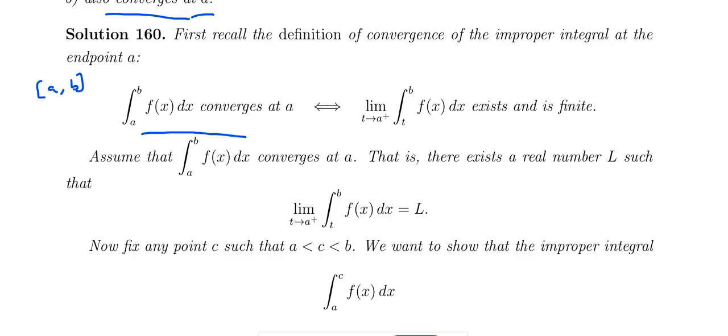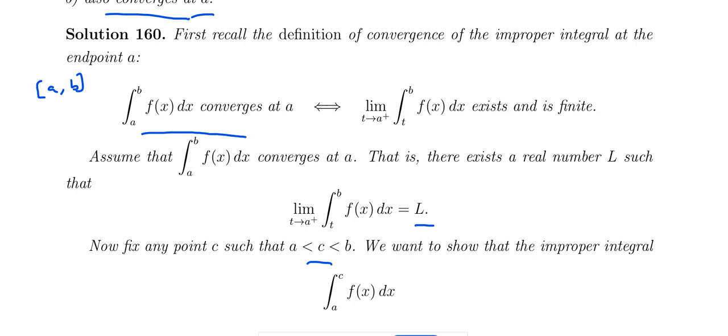So right of a means limit t tends to a plus of integral t to b f of x dx, we can also use epsilon, no problem, exists and is finite. I give the name L to this converging limit.